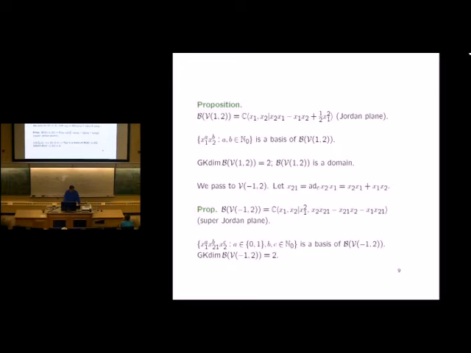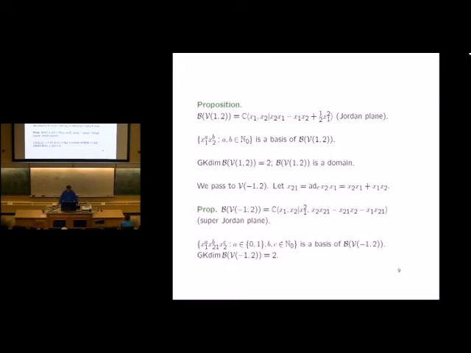And this is a domain. This is a quadratic algebra generated by just one homogeneous quadratic equation, which is x1x2 minus x2x1 minus x1x2 plus 1/2 x1 squared. And this algebra is a domain and has a PBW basis given by x1 to the a, x2 to the b. And the Gelfand-Kirillov dimension of this is 2.